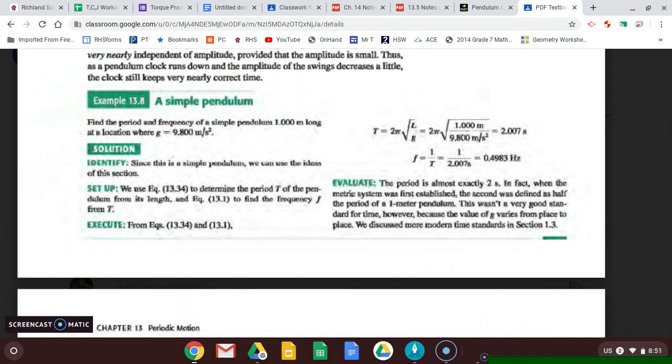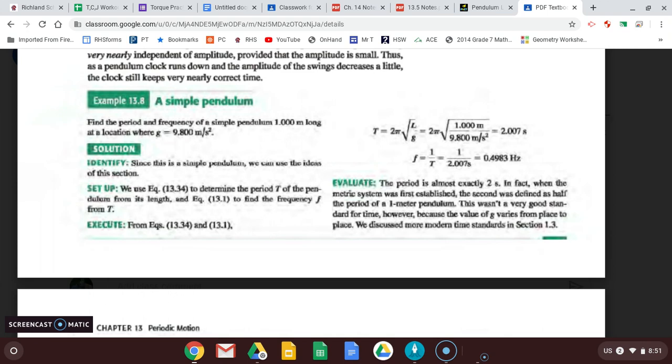So it says in Example 13.8, find the period and frequency of a simple pendulum. Let me stop right there. It says this is a simple pendulum, and if it says that, you may assume, even if we don't know what the swinging angle is, that we're at small angles.